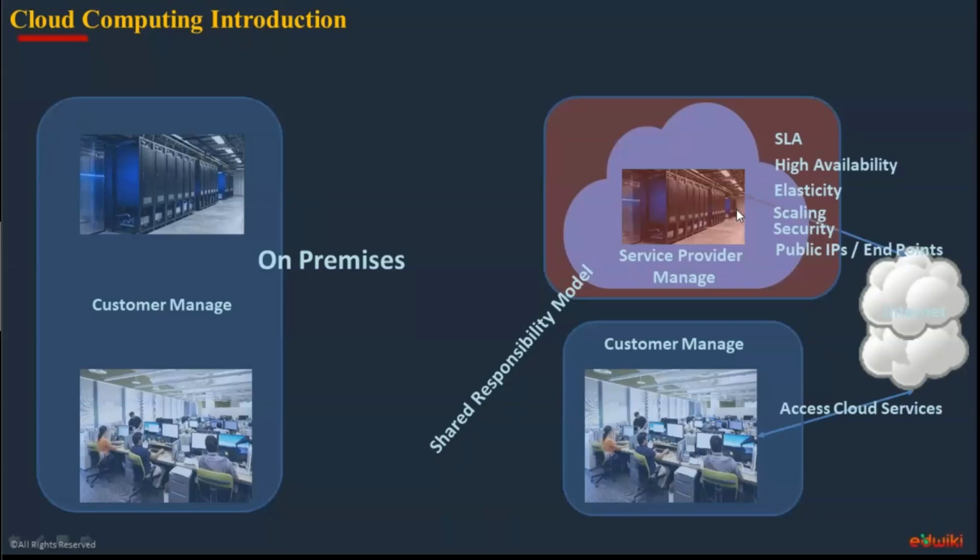As the infrastructure is completely transparent, completely invisible to me, I will never worry about it wherever it is. That concept, people call it a cloud, nothing much. Because cloud in the sense of something in the sky, which we don't know what it is or how it is unless I go and reach there.